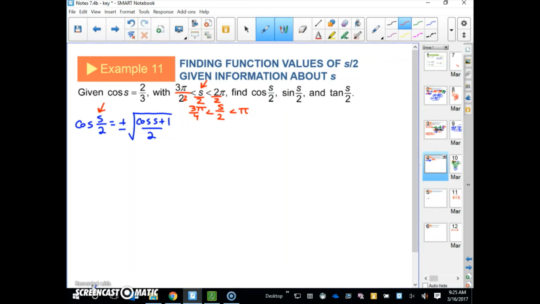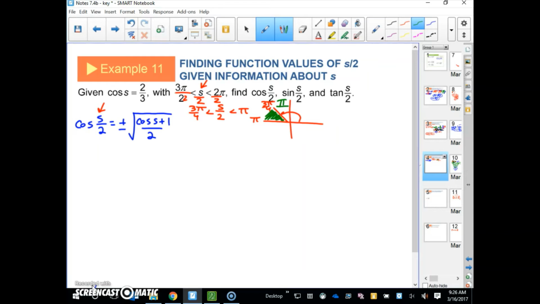It tells me what quadrant we're in. If you look at your quadrants, we know pi is here, and 3 pi over 4 is like right here. So when they say the angle is in between 3 pi over 4 and pi, they're talking about right in here. Or really they're saying the second quadrant.